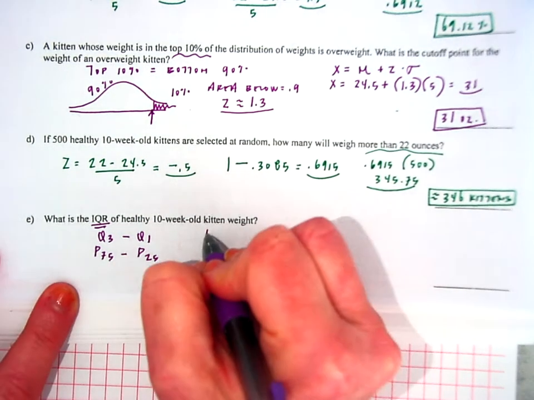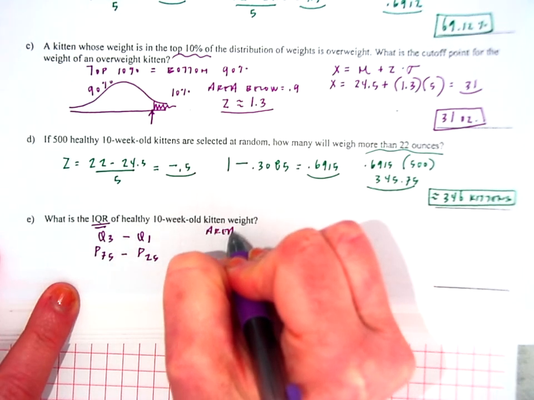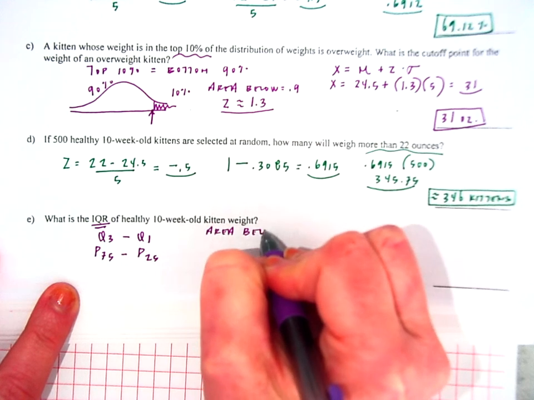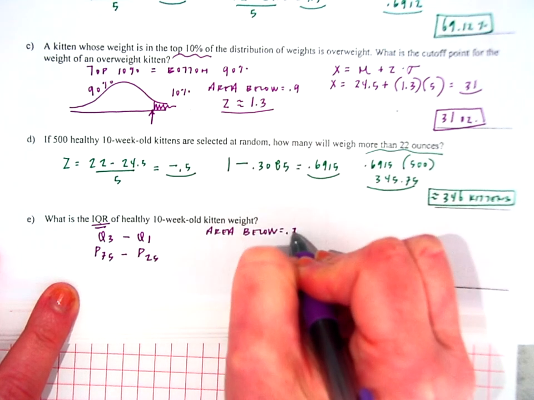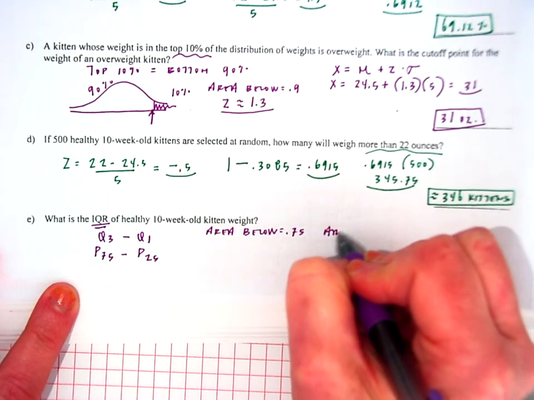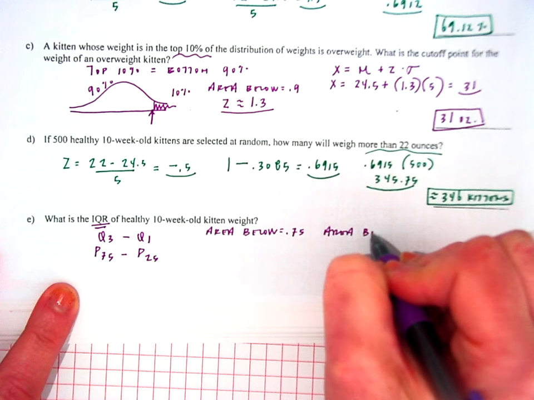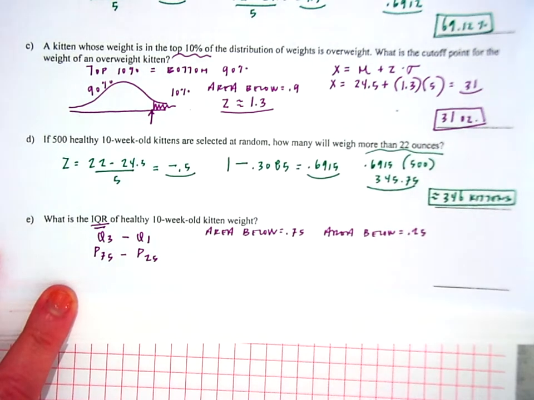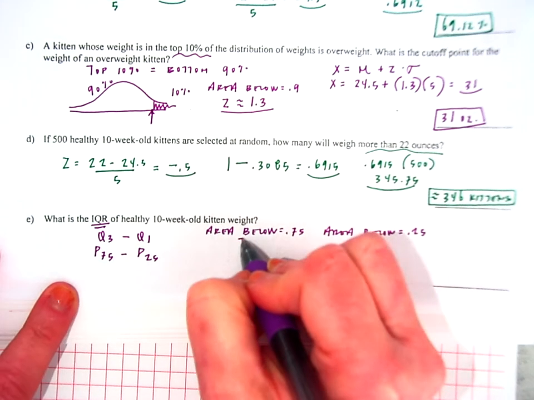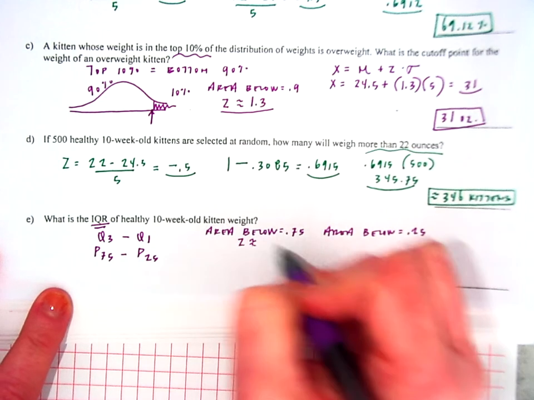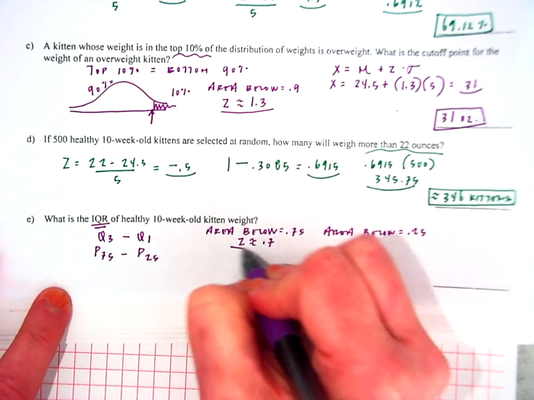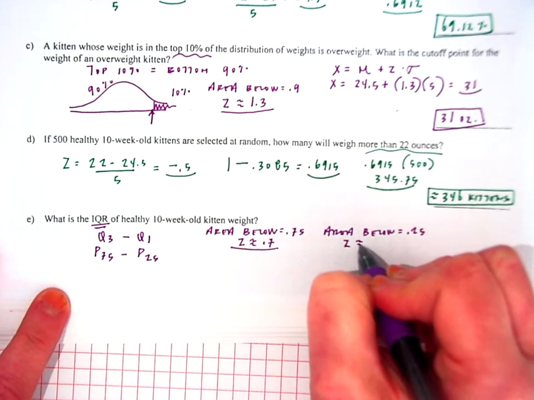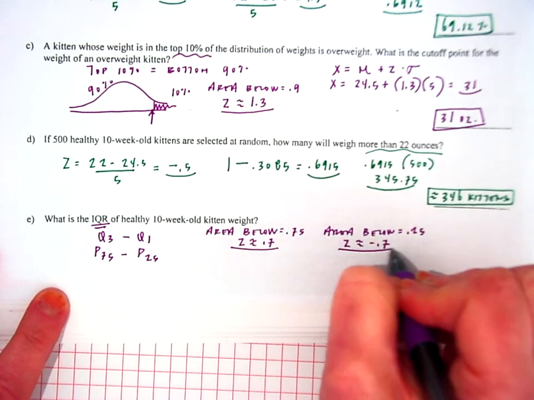So I need to figure out the area below a marker of 0.75 and the area below a marker of 0.25. We've done this several times, so we should know what the z-scores are. We know that they're going to be opposites. This one's going to be 0.7, and this one will be negative 0.7 approximately.